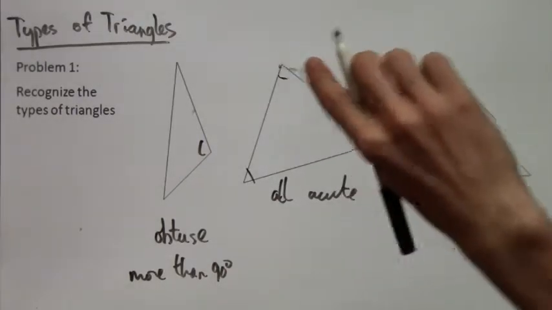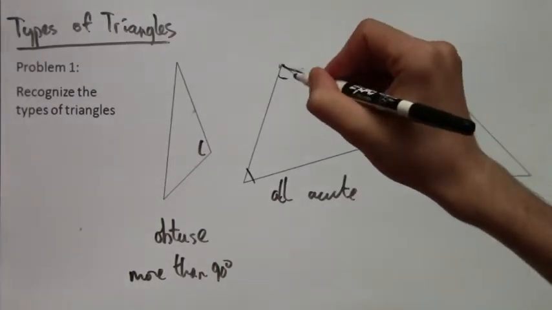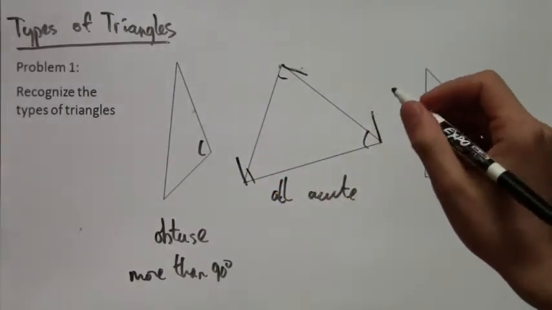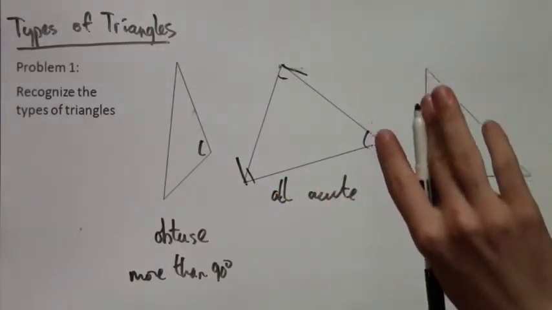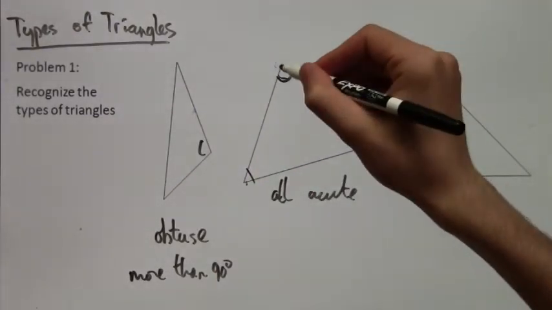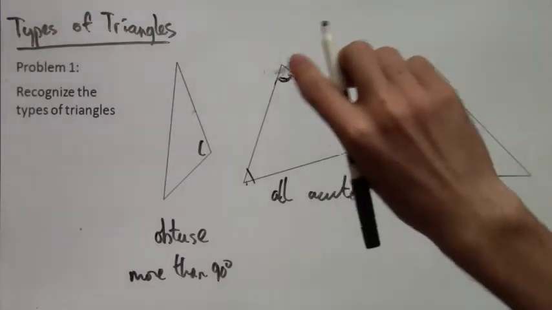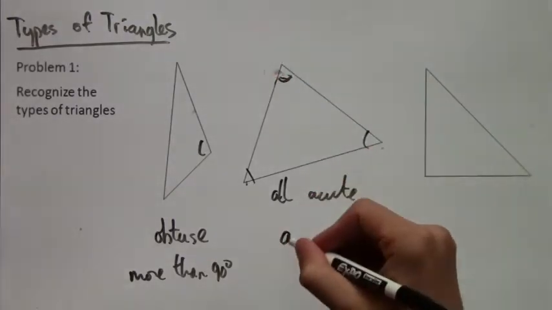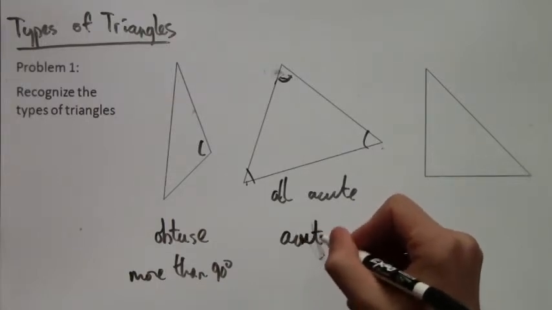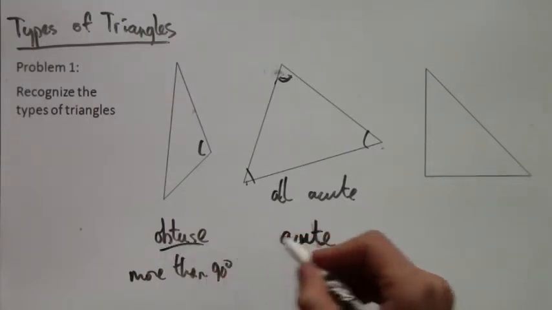Here I'm just drawing what 90 degrees would have looked like, so you can see that the angles we have are actually smaller. So they're all acute, and the triangle is an acute triangle.